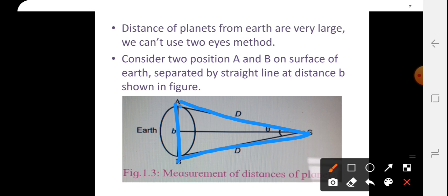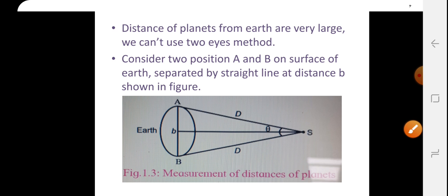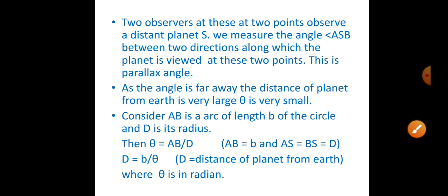Triangle ASB makes an angle theta, called the parallax angle. The planet is very far away, the distance of the planet from the earth is very large, therefore theta is very small.